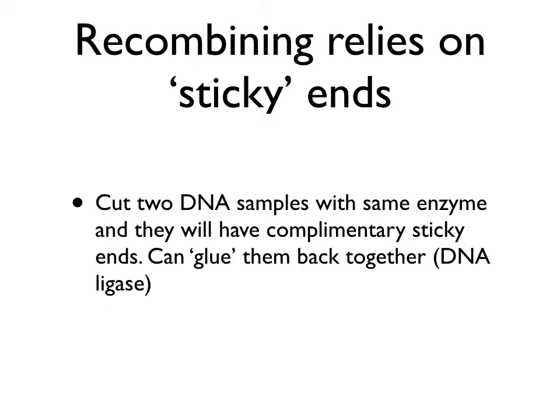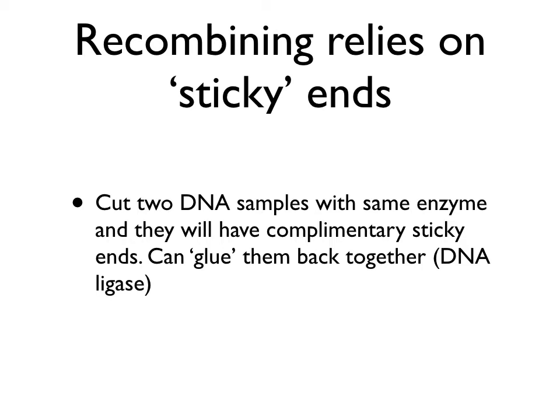Now, the reason that this is very useful to us in a laboratory setting is because when we recombine genetic information from different organisms, it's made a lot easier if we can just stick them together like Legos. And we can do that if they both have these sticky ends, and the sticky ends that they each have are complementary to one another.